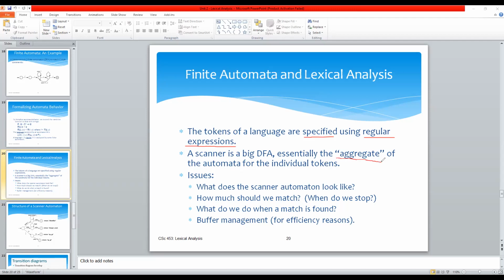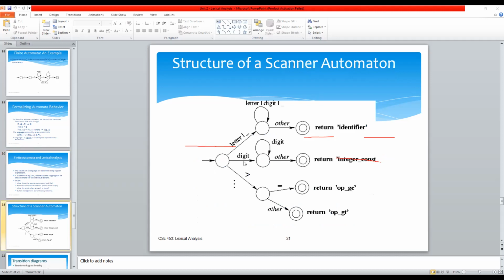What did we do in that diagram? I will show you that diagram. Here, what we have done is aggregate the different tokens. One token was identifier, the second token was integer, the third was operator greater than and operator greater than or equal to. So I have combined all those four paths.